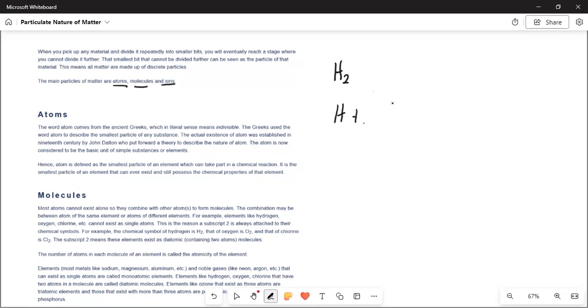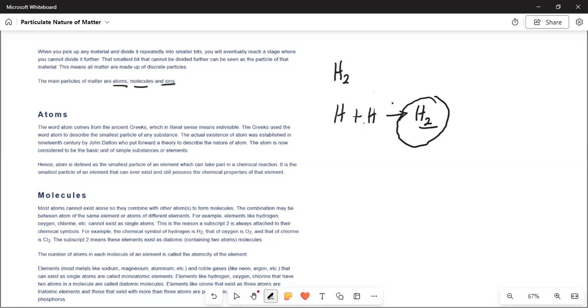It must combine with another atom to form a hydrogen molecule. So hydrogen atom plus hydrogen atom is of course two hydrogen atoms, which is denoted as H2. So it is this H2 that is capable of existence as hydrogen. And this is a molecule, not an atom. It is an atom when it is H. But the moment two of them combine to form H2, it is no longer an atom.